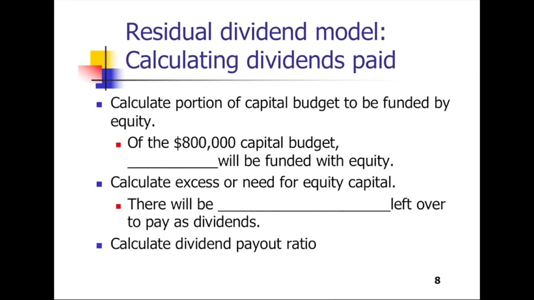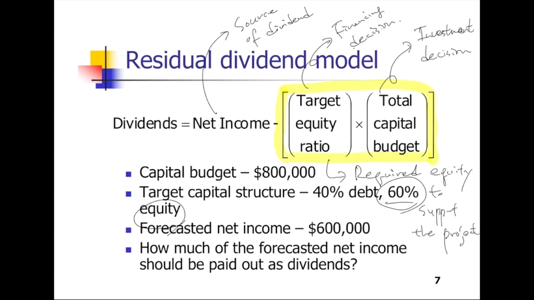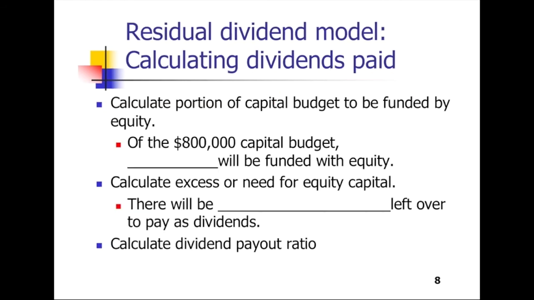The dividend amount can be calculated in 2 steps. First, calculate the portion of the capital budget to be funded by equity. It is regarding this part, right? So of the $800,000 capital budget, we multiply the target equity ratio, right?